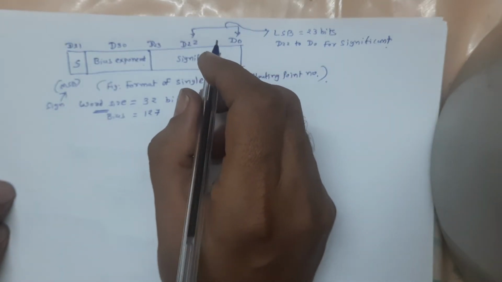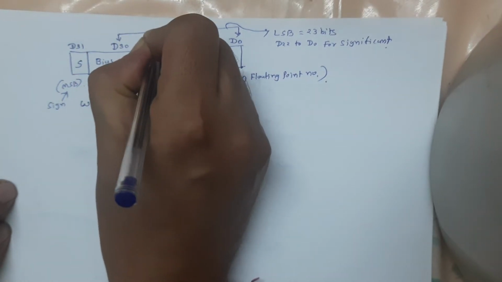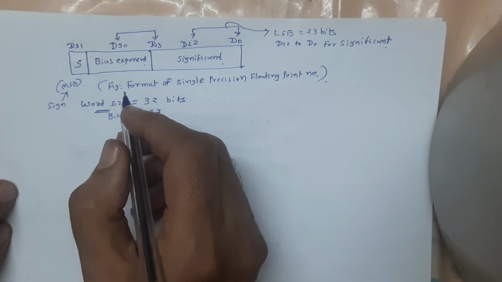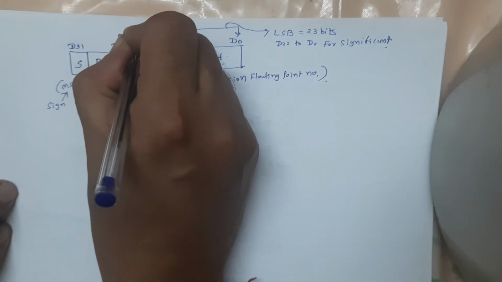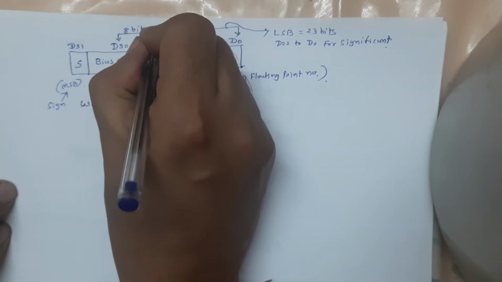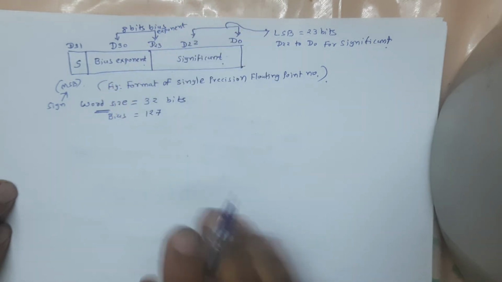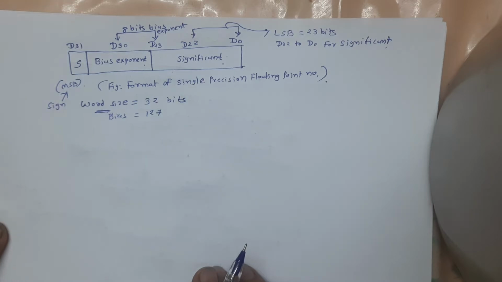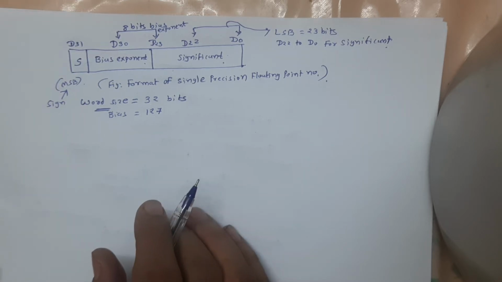Then the remaining D30 to D23, a total of 8 bits, are used for the bias exponent. Now we are taking an example so it is very clear for you to understand.